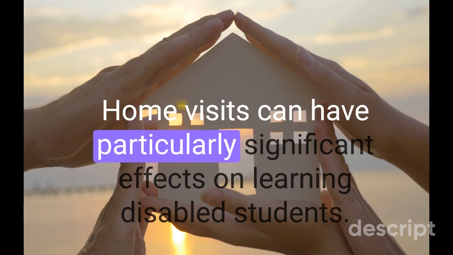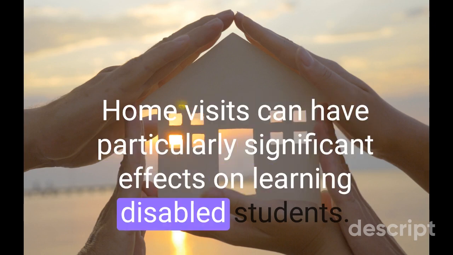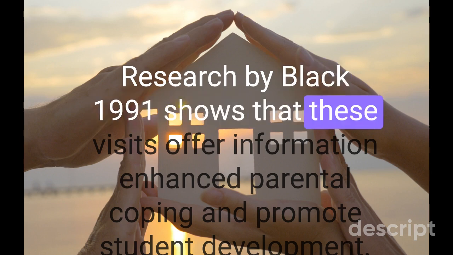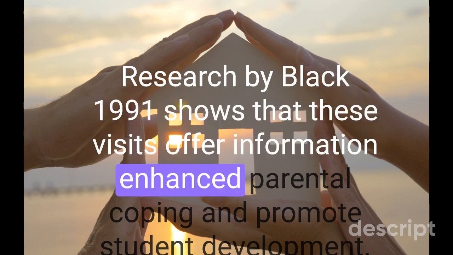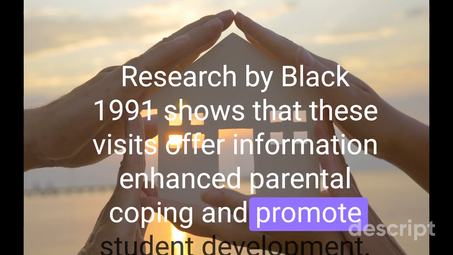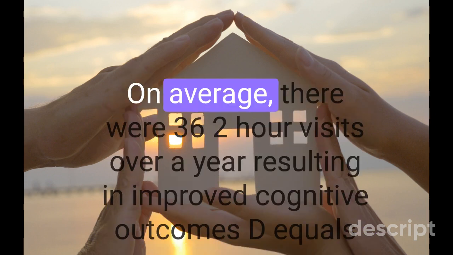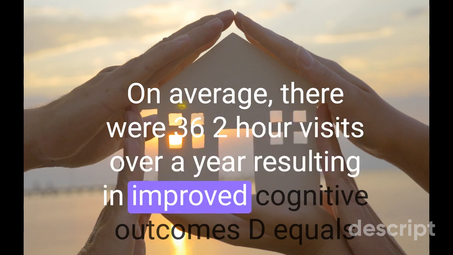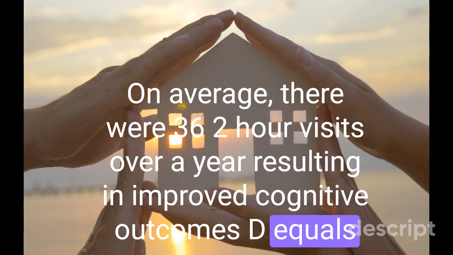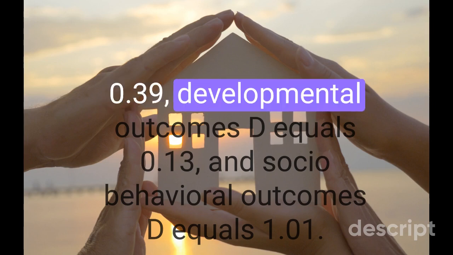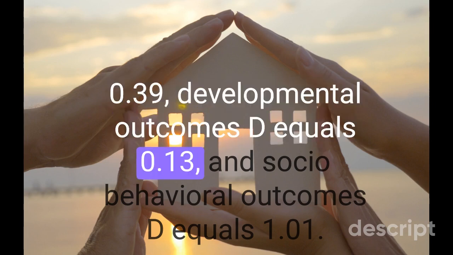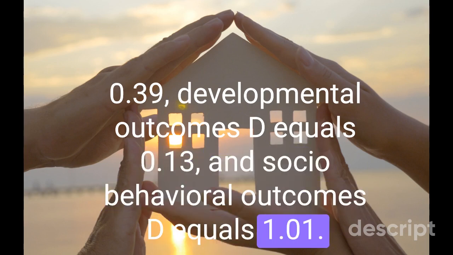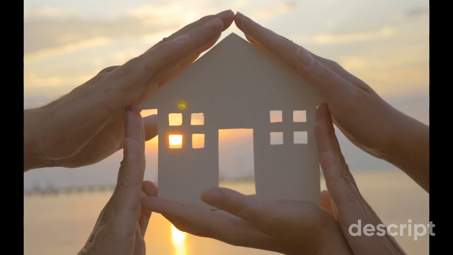Home visits can have particularly significant effects on learning disabled students. Research by Black, 1991, shows that these visits offer information, enhance parental coping, and promote student development. On average, there were 36 two-hour visits over a year, resulting in improved cognitive outcomes, d equals 0.39, developmental outcomes, d equals 0.13, and socio-behavioral outcomes, d equals 1.01.